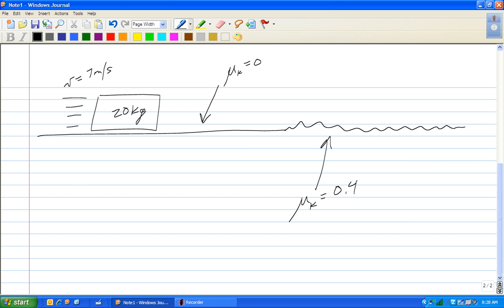I want to know how long will it take to stop once it hits? Times 2. I want both interpretations of how long. What are the two possible interpretations for the question how long? Time or distance?